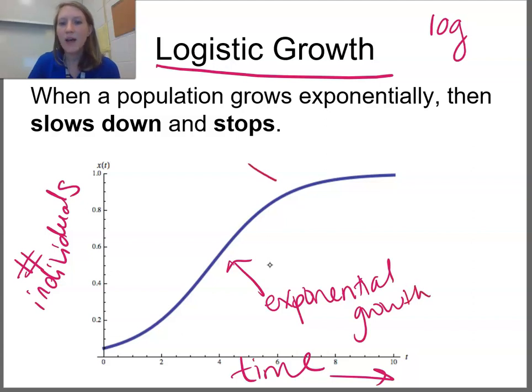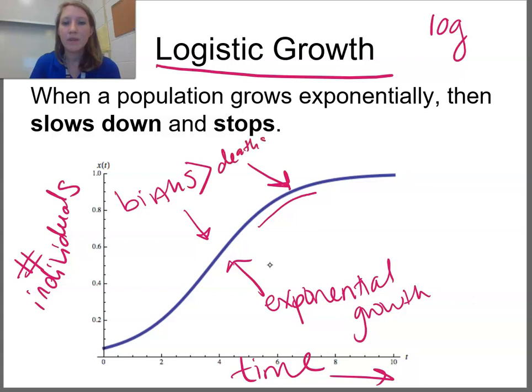And then it starts to slow down. It reaches a point right about here where you can see the line starts to level out. A couple of things could cause the population to stop growing. But right here, usually births are greater than deaths. And then right here, maybe it starts to level out.